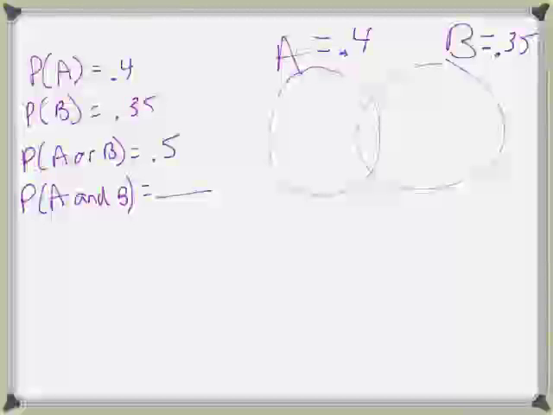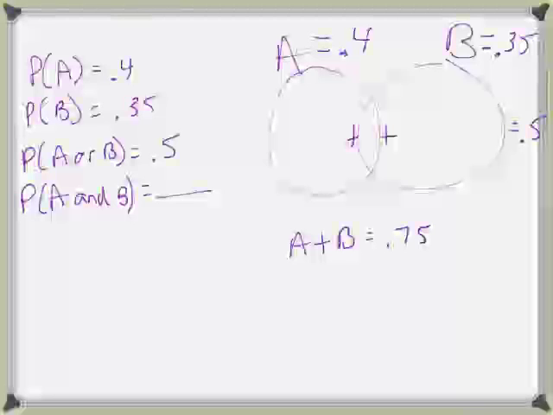Or comes from adding. So if I add, it should add up to 0.5. But if I add up what A and B are individually, what do I get? 0.75, which is a problem because it's supposed to add up to 0.5.